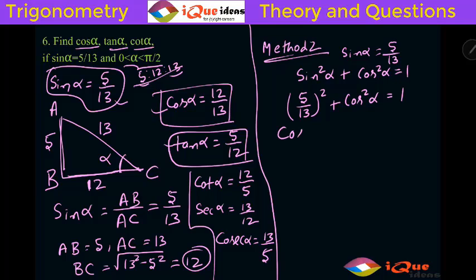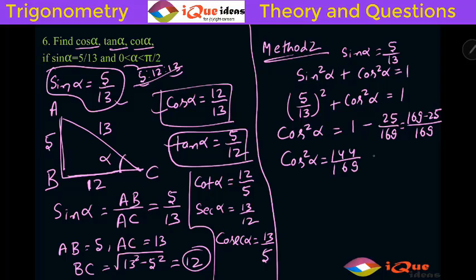So from here we have cos square alpha equal to 1 minus 25 by 169. So if you simplify, in denominator 169, numerator 169 minus 25. So it is 144 by 169. So cos square alpha is equal to 144 by 169.